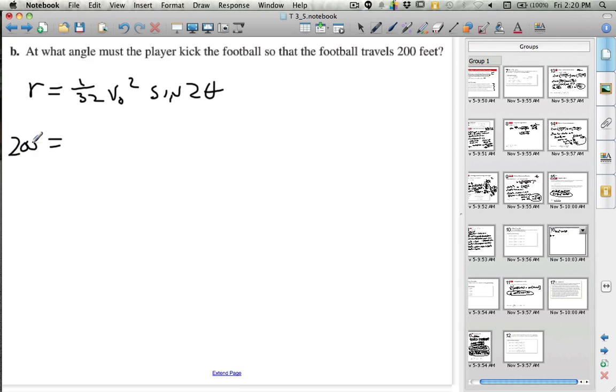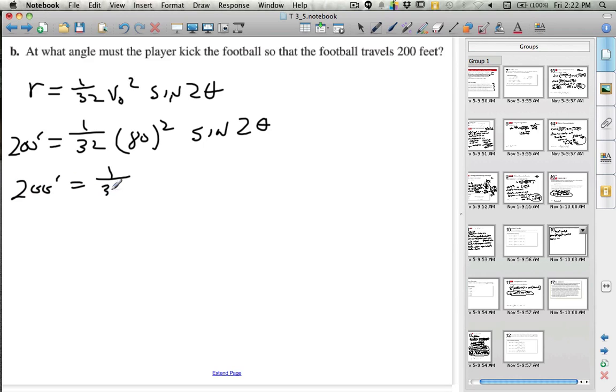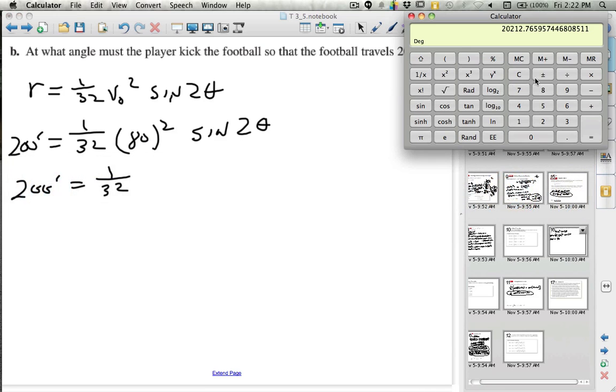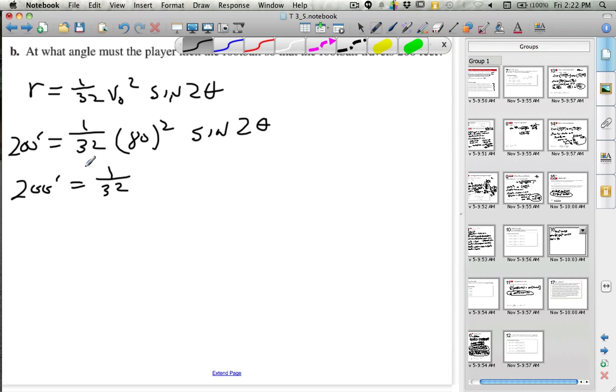So if I want it to travel 200 feet, my initial velocity was 80 squared times the sine of 2 theta. So if I continue to simplify this, my 200 feet will equal 1 over 32 times 80 squared. Well, 80 squared is 6,400. So this will become 6,400 over 32 times the sine of 2 theta.